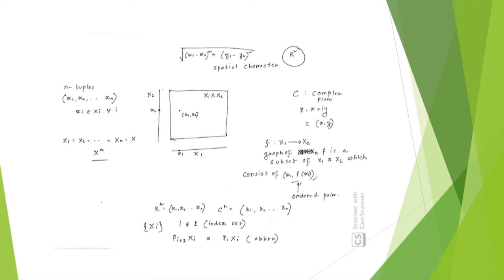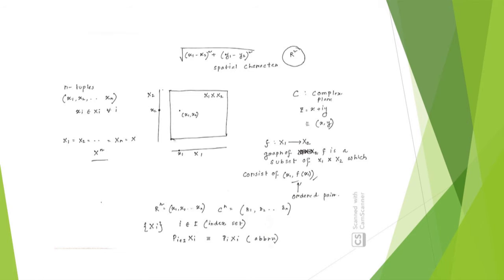For that we need an index set. We have an index set capital I consisting of the integers from 1 to n, and corresponding to each index small i, we have a non-empty set capital Xi.